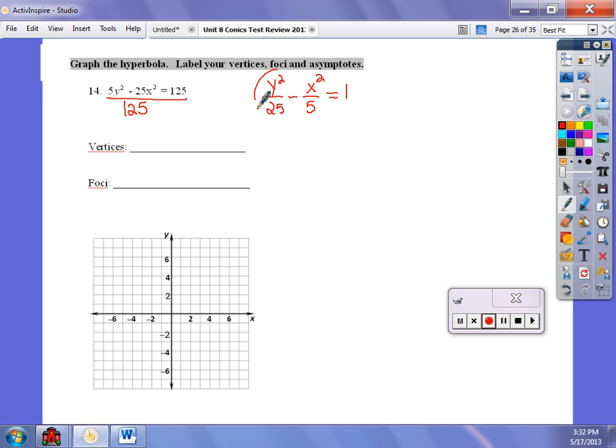So remember, the first number is going to be your vertex. So that means a is our vertex. So that's going to be the square root of 25, which is 5. Since it's on the y-axis, you have to write it as 0, 5, and 0, negative 5. And that's also where you're going to plot it.